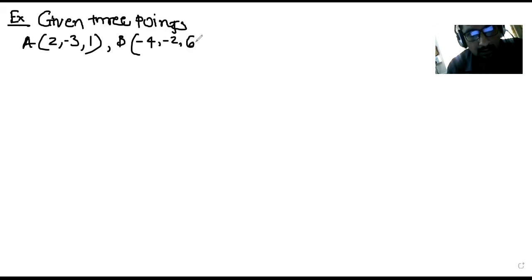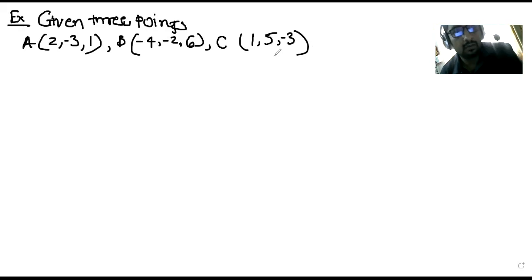So these are the coordinates of point B. And the third point, because three points are given, is point C, and the coordinates of point C are (1, 5, -3). Right? So I hope it's visible. Can someone respond? Yes, sir, visible. Okay. Right. So those three points are given.